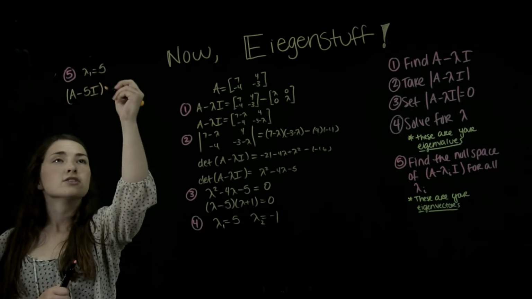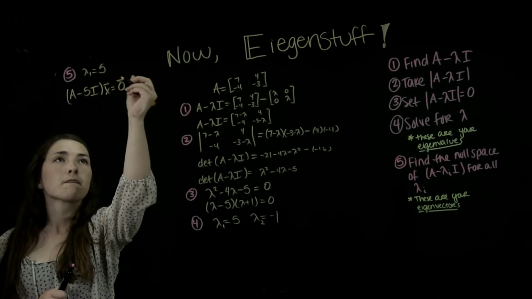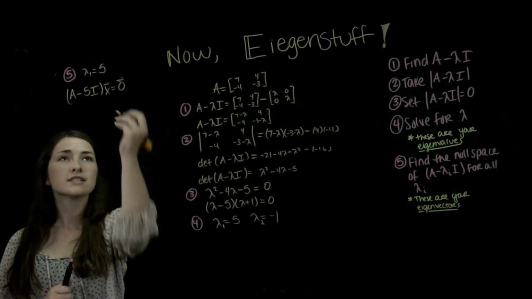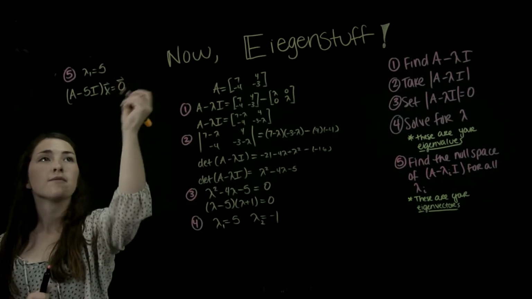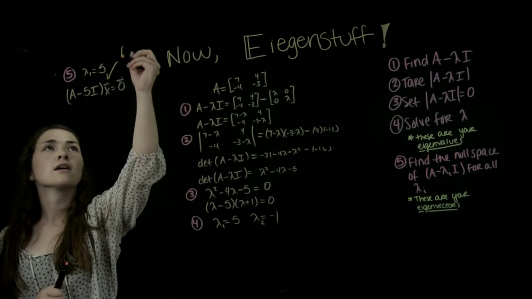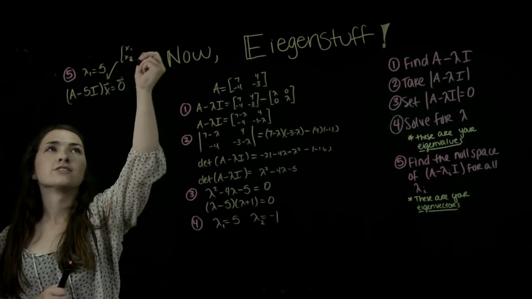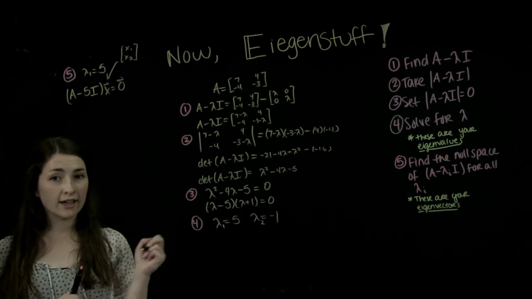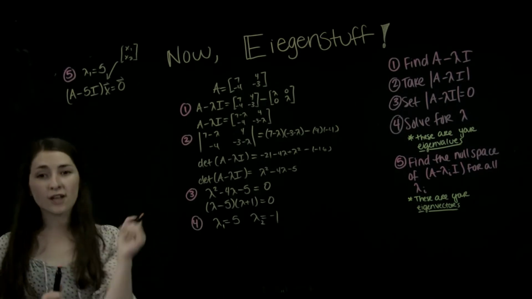So we're going to solve this equation here. This is going to be our eigenvector here, and just so you know, this is going to be x1, x2. That's our eigenvector. Okay, so now let's solve for this null space.